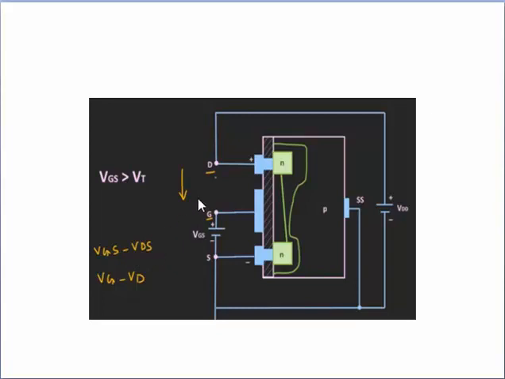As the source or substrate terminal is grounded, we can say that this difference is equal to VG minus VD. VG is the effective voltage at the gate terminal and VD is the effective voltage at the drain terminal. So as the value of VD increases, the difference between the two voltages will reduce.